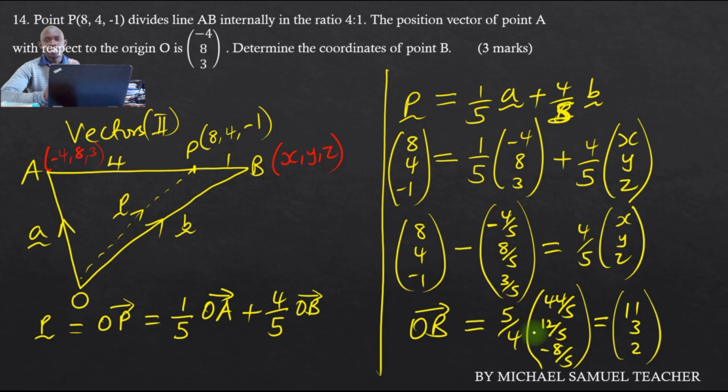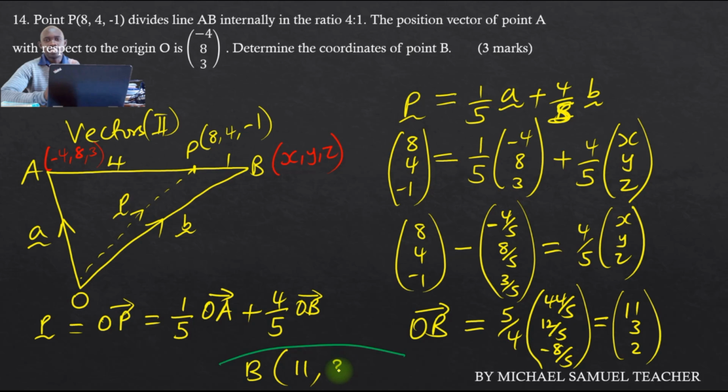Finally, the coordinates of B are (11, 3, -2). That is it.